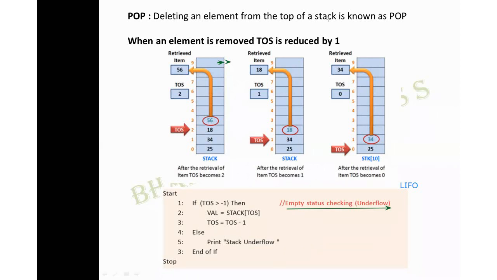You are removing the value, not inserting; you are taking a value out. From the stack, you are taking out that element and assigning it to the variable known as VAL.